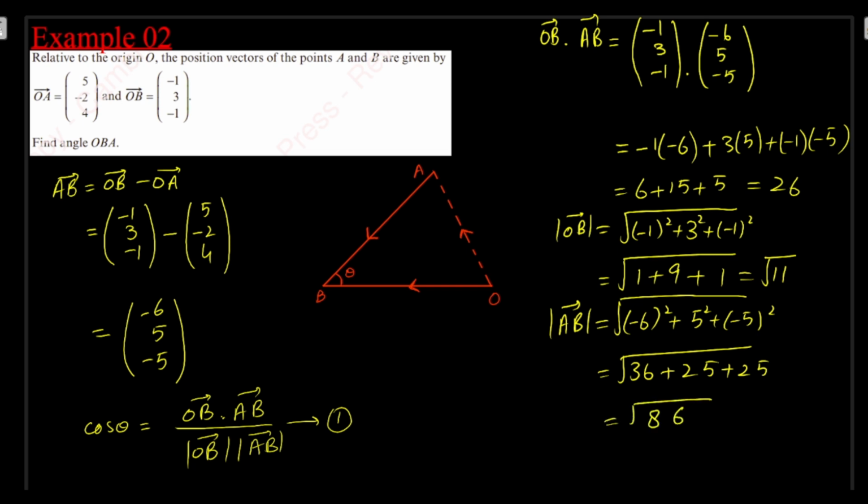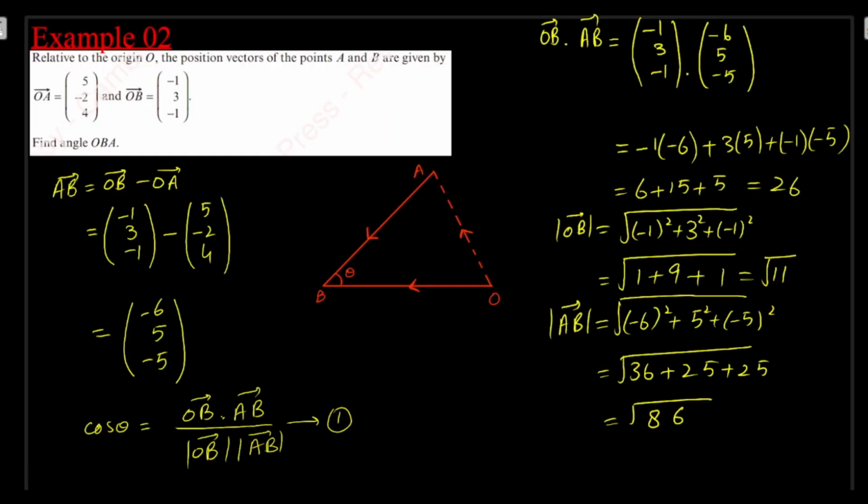Now using the values in equation 1, we get cos theta is equal to OB dot AB, which is 26, divided by magnitude of OB, which is square root 11, into magnitude of AB, which is square root of 86.